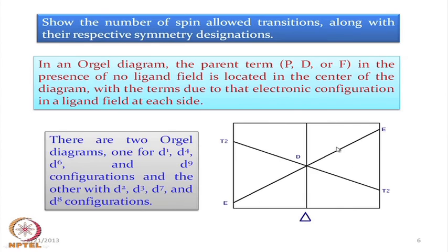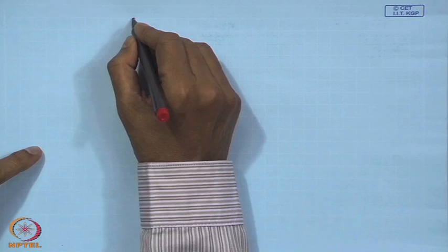So, we will be handling D1, D9 and D4, D6 electronic configurations with a D term.